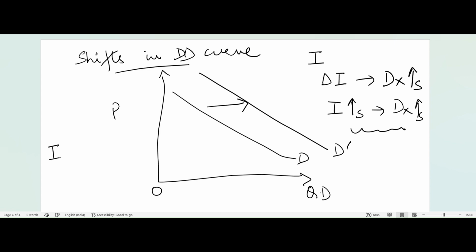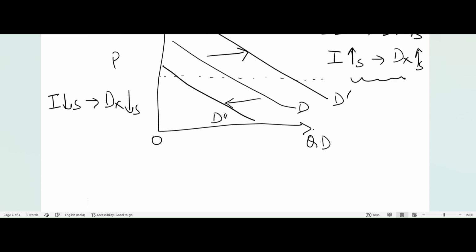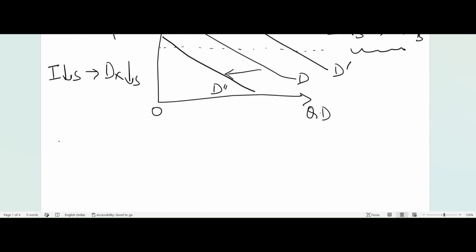If there is a decrease in the income, and because of that, the demand for a product decreases, I will show that with a leftward parallel shift in my demand curve, at the same price level, because prices are not playing any role over here. They are constant.